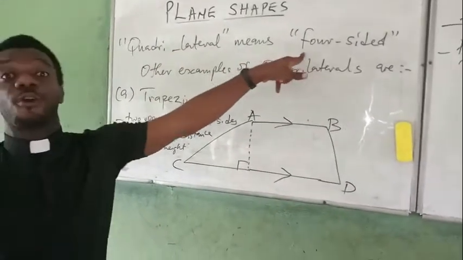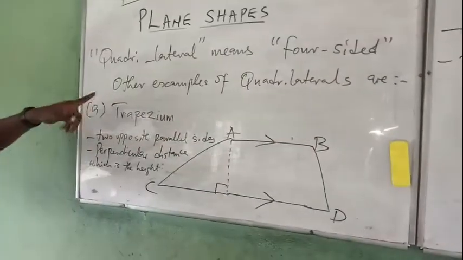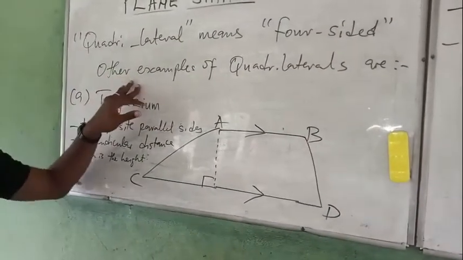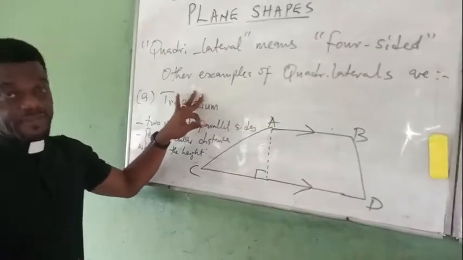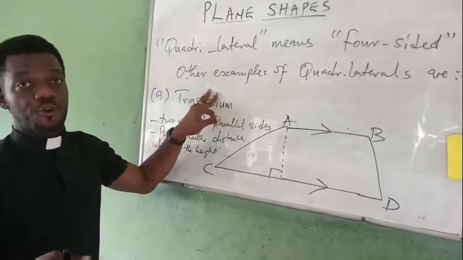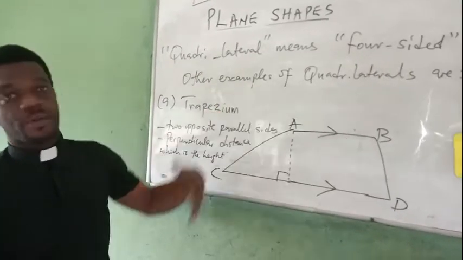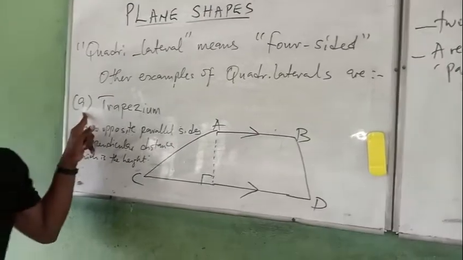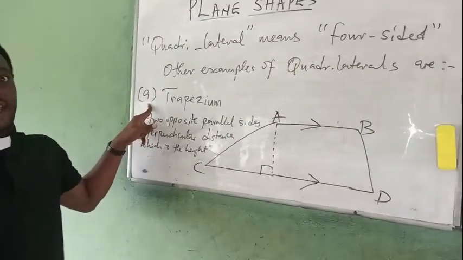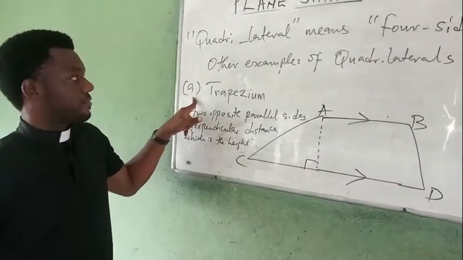Quadrilateral means 4-sided. We have discussed two types of quadrilateral, the rectangle and the square. Now we have other examples of a quadrilateral which we have not discussed.